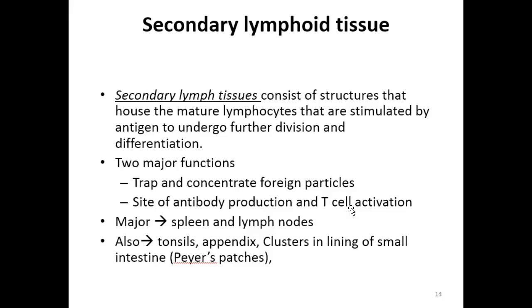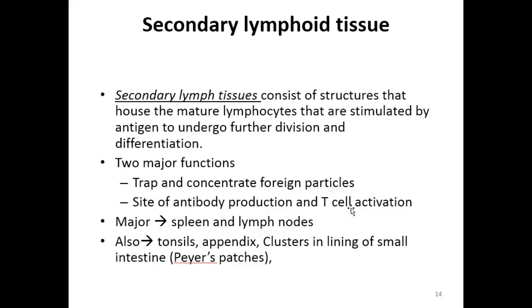Right? Secondary lymphoid tissues have two major functions. They trap and concentrate foreign particulate, basically the stuff that gets inside the body and then is destroyed, gets put into the lymph system, and then the lymph system acts like the garbage chute of the body, and all this stuff is going to pass out through the body.